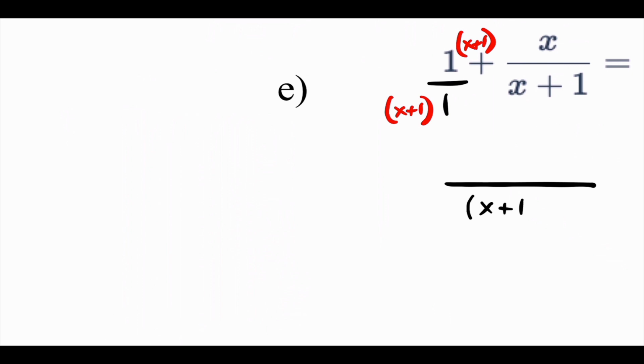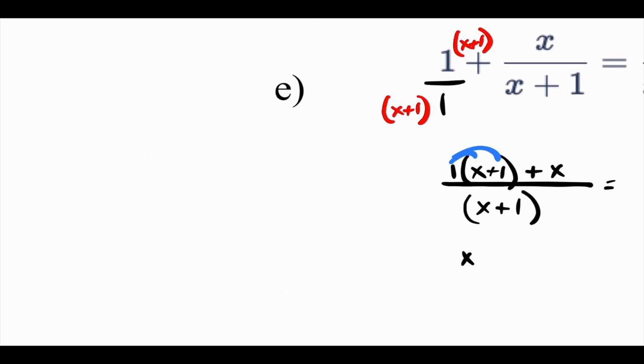So common denominator is just going to be x plus 1. Distribute, and then combine like terms.